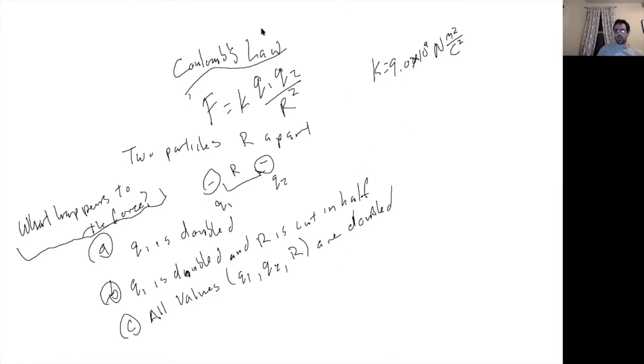Let's start by looking at A. We know the force is equal to K Q1 Q2 over R squared. But effectively, some of these things don't matter: the K, the Q2, and the R squared don't do anything for us, so we can sort of ignore them.